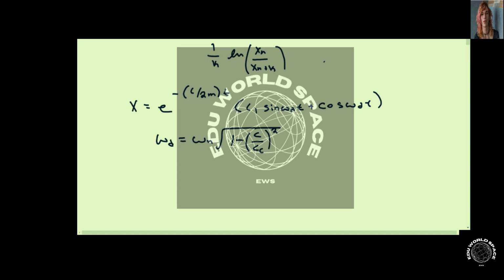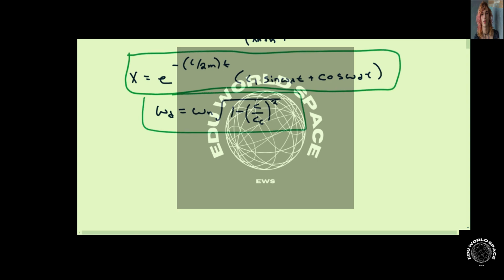So now we need to do it in a diminishing form. So we have this equation and this equation, okay? But we need to do a diminishing amplitude, and that's going to be x equals x naught e to the minus c over 2m t.